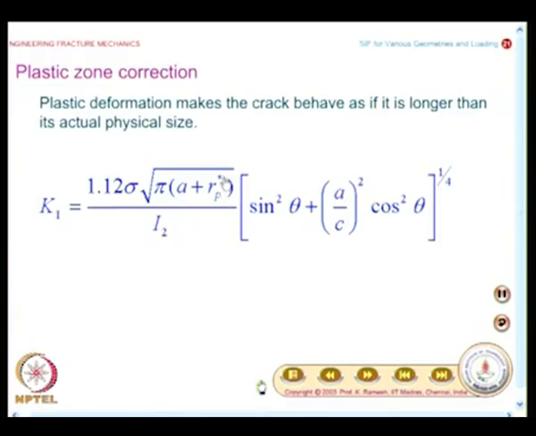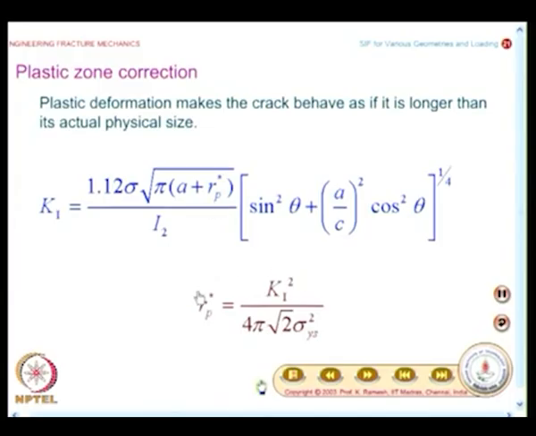So, you are going to have what is known as rp star. The rest of the expression is same as what we had seen when we had put this factor 1.12, and the rp star, this is the historical value. This was reported by Irwin in 1960. In the next chapter we would see better estimates of this additional length.